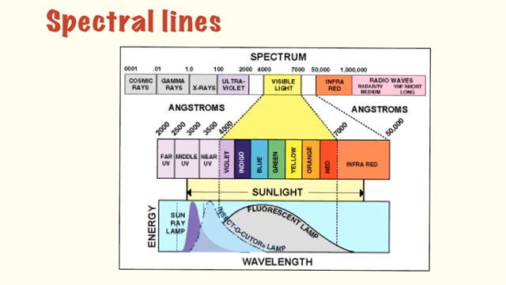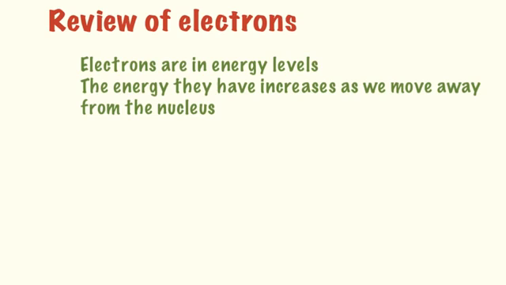Now, this becomes a little bit important when we're trying to explain how things happen, in other words, how the lines form and what they mean. All of the spectral lines are due to electrons, and this is the evidence we have for electrons and the fact they exist in these shells or orbitals, if you like.